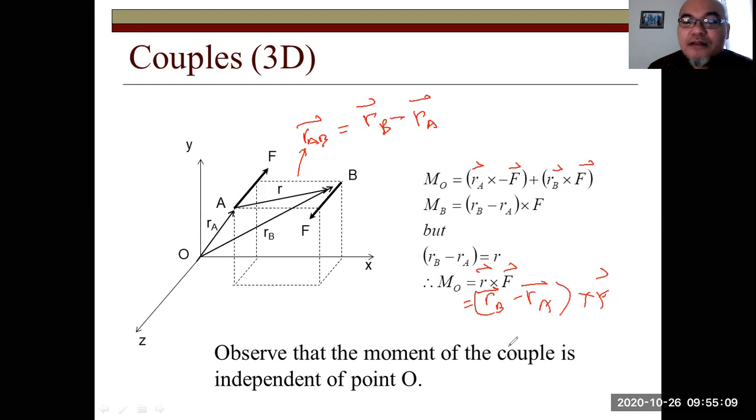Observe that the moment of the couple is independent of point O. We don't really care about the position of point A relative to the origin, or of point B relative to the origin.